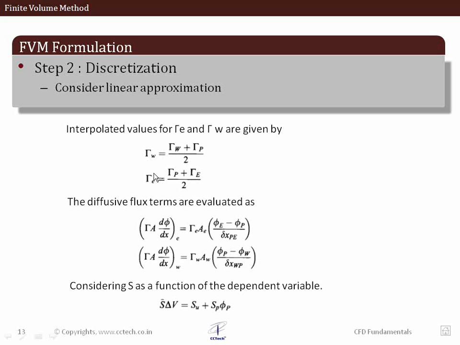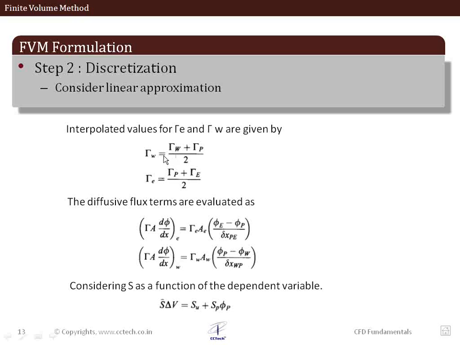So what we have is the d phi by dx on the eastern and western face being expressed as a simple finite difference. So you have phi E minus phi P upon delta x. This is the spacing between the cell centers P and E. But you also have things at the eastern face for gamma and A. Let's imagine that they are the same. It's not really varying. So in that case, you can simply take an average as well.